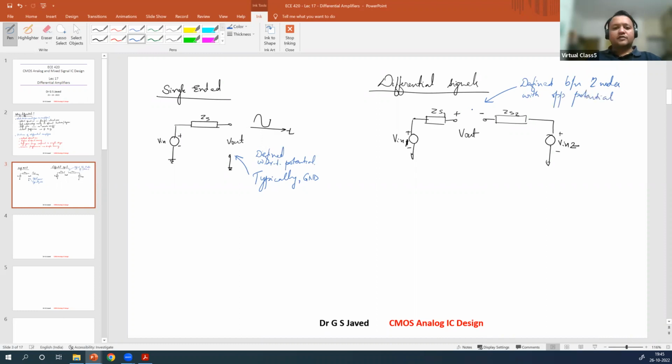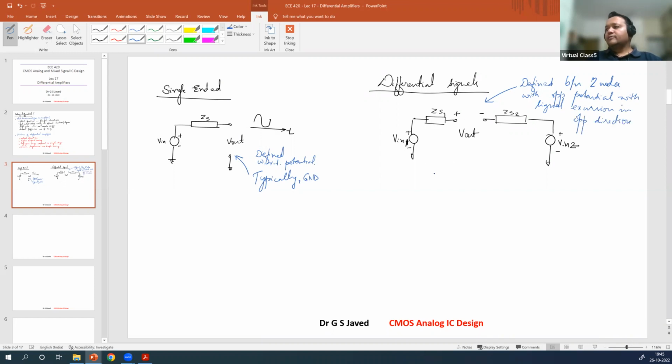It is a difference between opposite potentials, and the signal will go in opposite directions, with signal excursion, is what we will call it, in opposite directions.